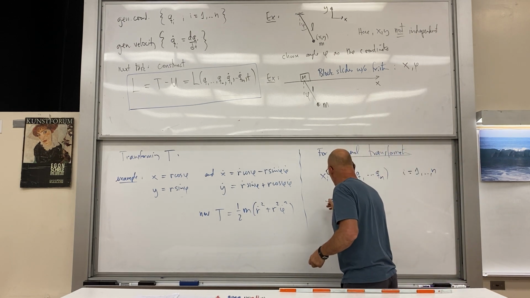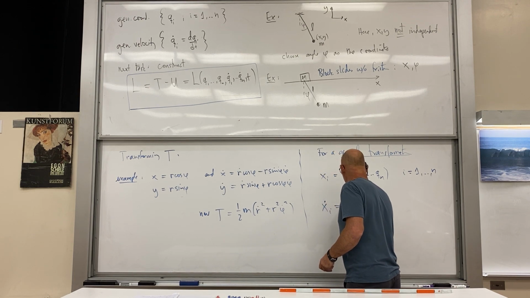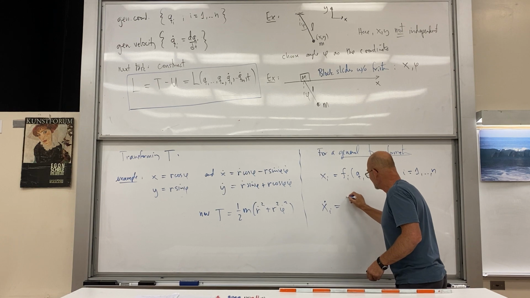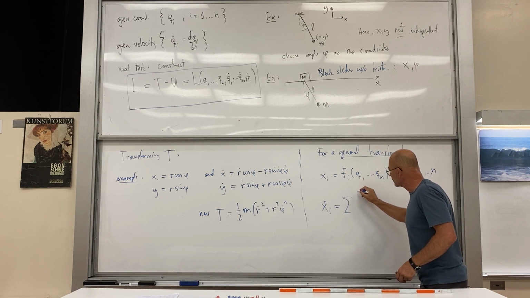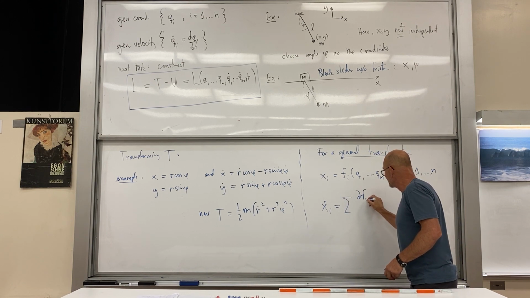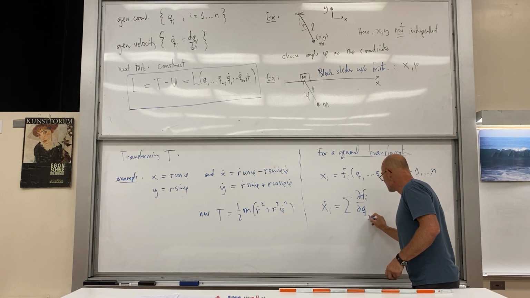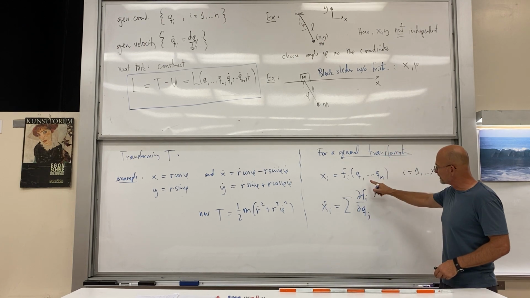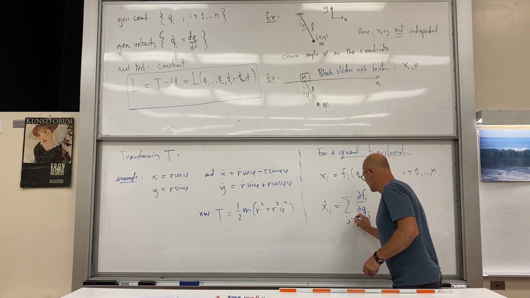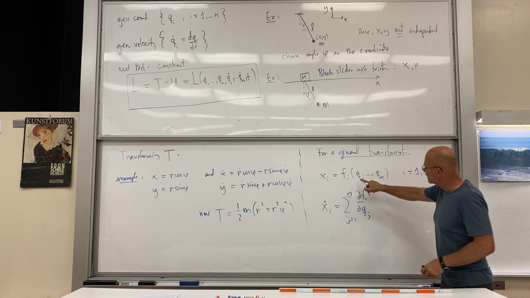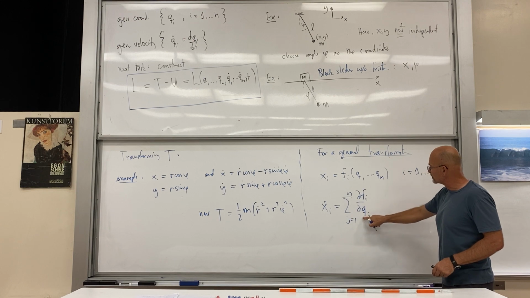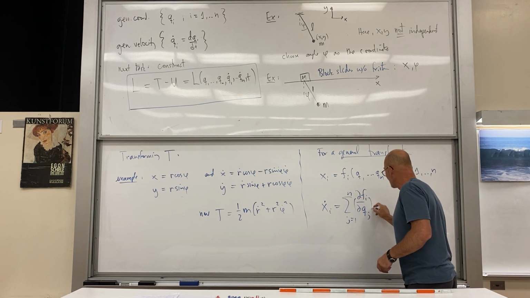So what do we have here for x i dot? Remember, this is the chain rule: the sum over partial f sub i, partial q sub j. We have to choose a different letter, j equals 1 to n. So for each individual partial f sub i, partial q sub j, and then q sub j dot.